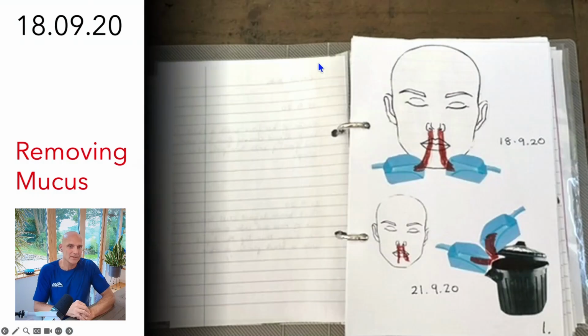So let's start. First of all, this was the 18th of the 9th, 2020. This is when we first started. So with this picture here, we didn't know that this was removing mucus. Basically, the vision was of some brown sludge coming out of the person's nose, and then some little scoops scooping it up and putting it in the bin.